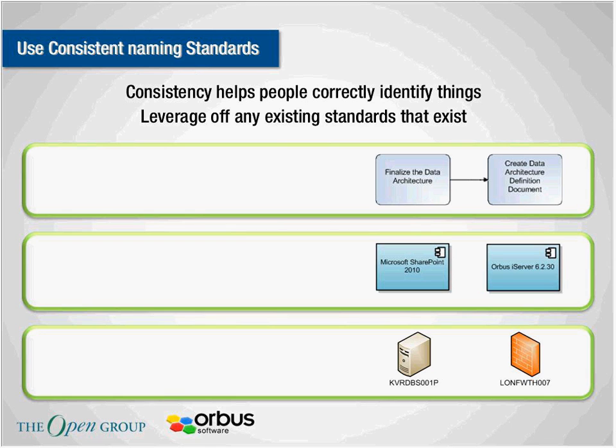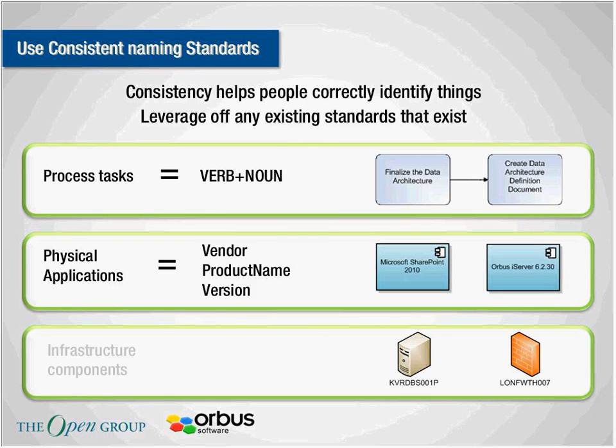There are some standards and best practices out there. For example, an agreement that process tasks on a process should be shown by verb plus noun. Or for applications, you can show vendor, product, version. And of course, for infrastructure components you would show the host name.